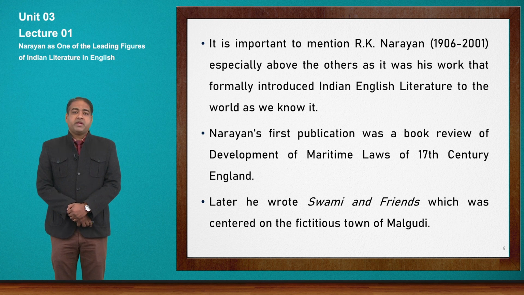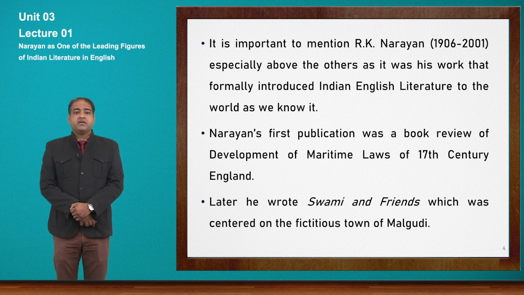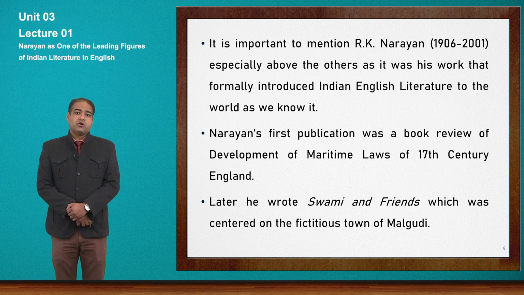Later he wrote Swami and Friends, which was centered on the fictitious town of Malgudi. Well, friends, fictitious town means this town does not exist in India. It was created by R.K. Narayan. There are other writers also. Let's say there is a writer who created a fictional town of Wessex in his writings.